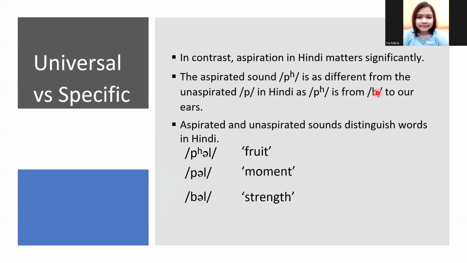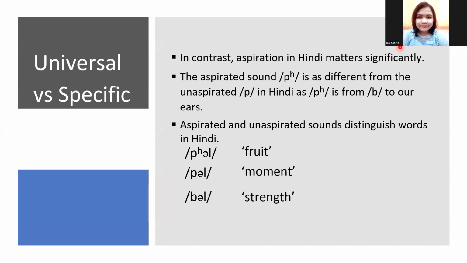In contrast, aspiration in Hindi matters significantly. The aspirated sound p with the diacritic h is as different from the unaspirated p in Hindi as p with the diacritic h is from b to our ears. So aspirated and unaspirated sounds distinguish words in Hindi.